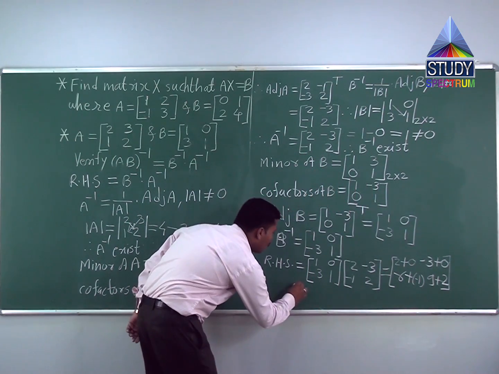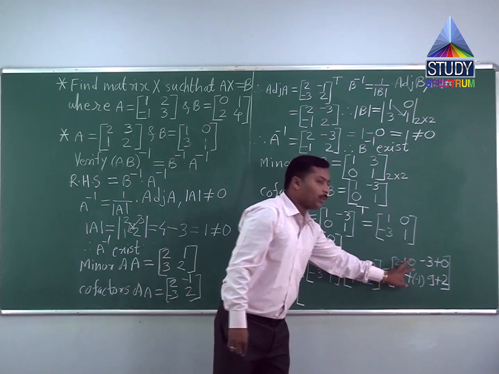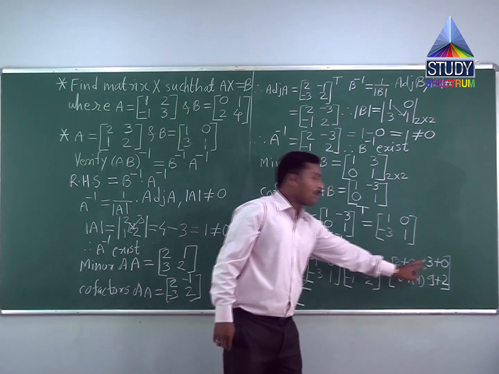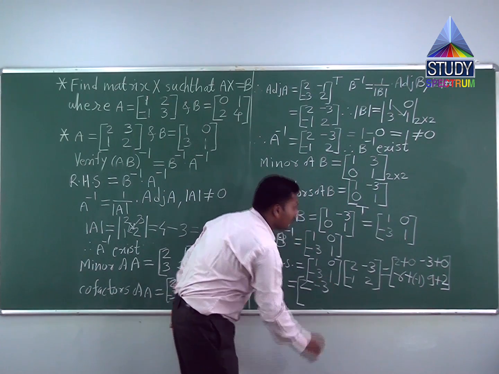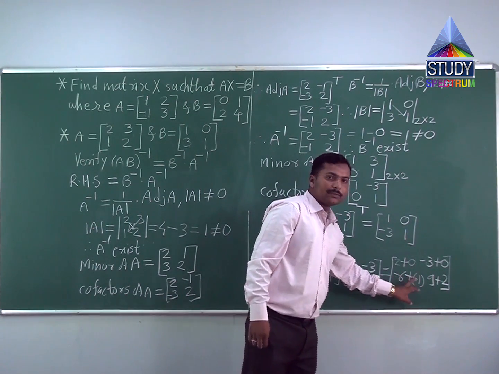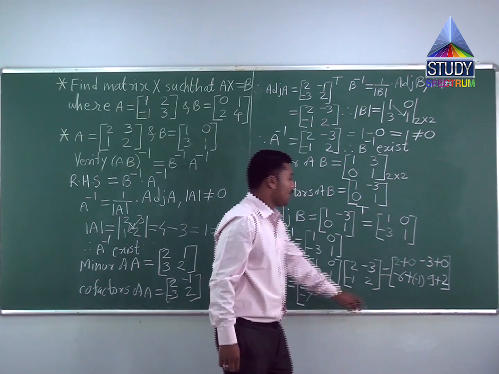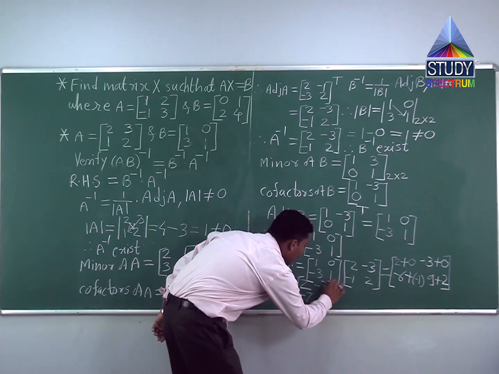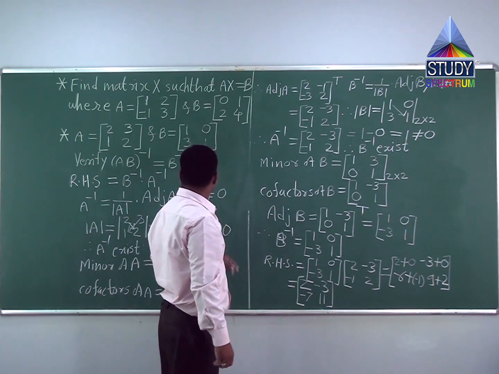So this equals 2 plus 0, which is 2; minus 3 plus 0, which is minus 3; minus 6 minus 1, which is minus 7; and 9 plus 2, which is 11. This is equal to our LHS.